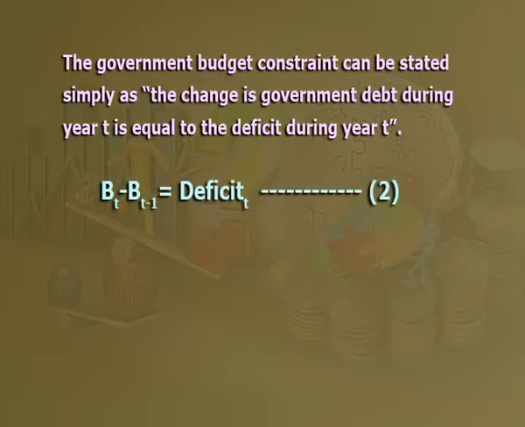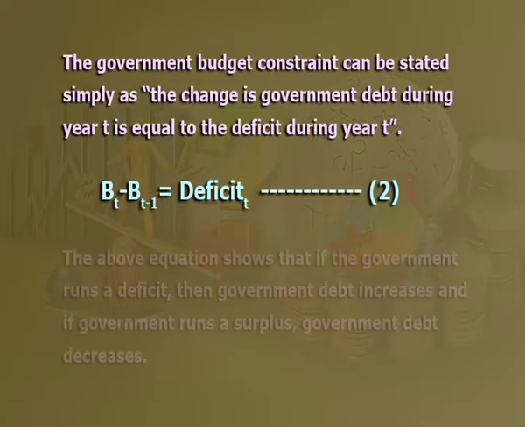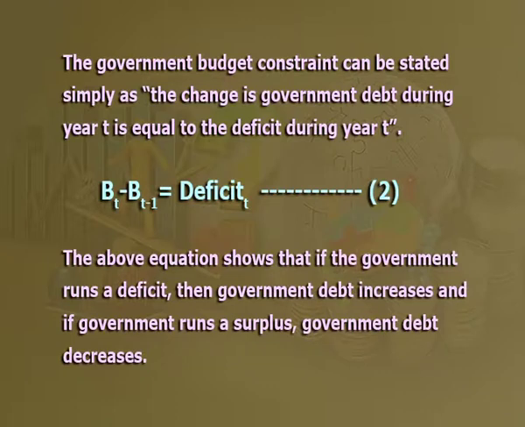B_t minus B_(t-1) is equal to deficit_t. This is our equation 2. The above equation shows that if the government runs a deficit, then government debt increases, and if the government runs a surplus, government debt decreases.